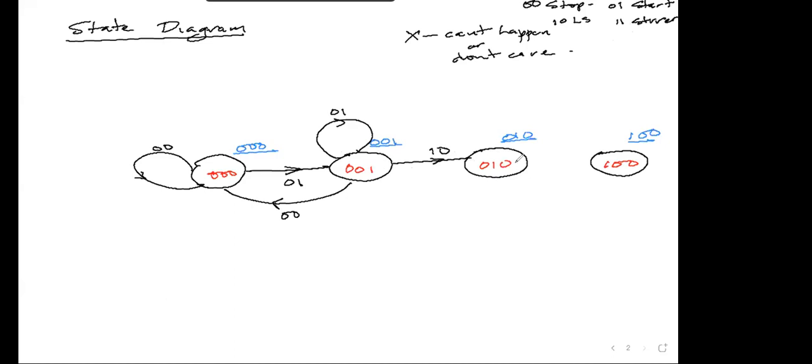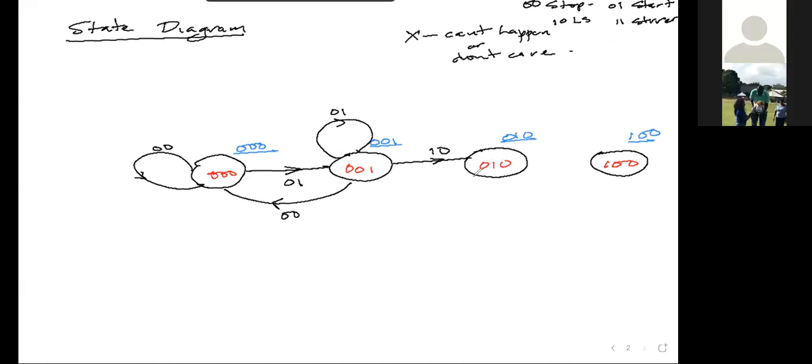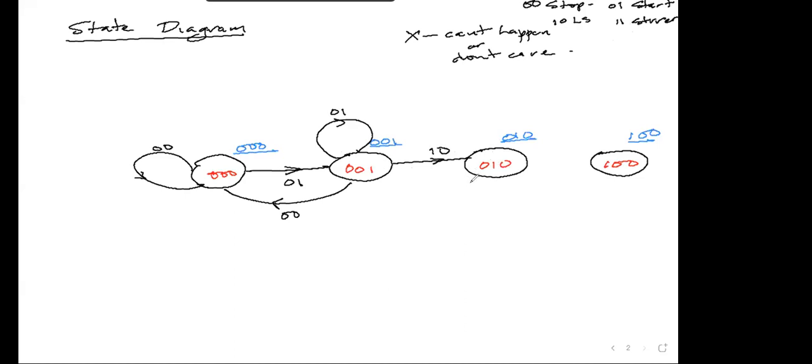All right, so now the stirrer is on. Stirrer is on and you press the stop switch. Stop. Go back. Stirrer is on and you press the start switch.